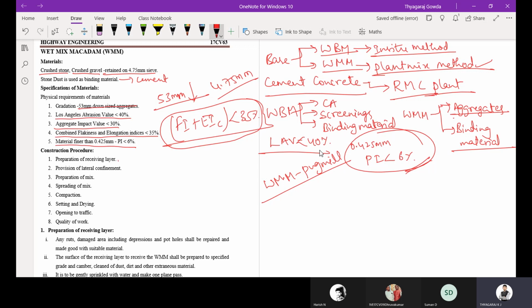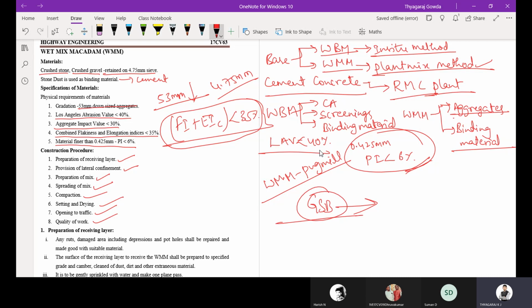What is the first step? Preparing the receiving layer. Here also you provide lateral confinement, then preparation of mix in the pug mill, spreading of mix, compaction, setting and drying, opening to traffic, and quality control of work. Since it is a base layer, the receiving layer will be the GSB only.